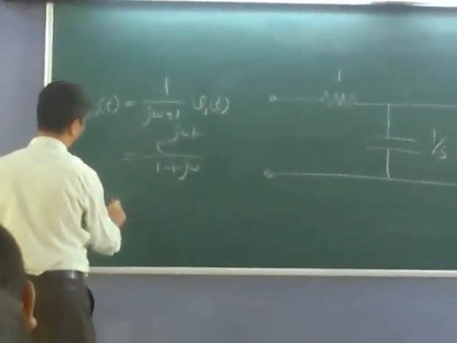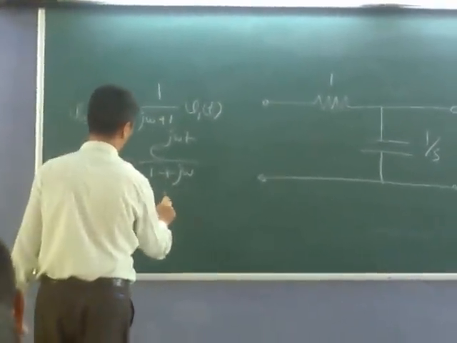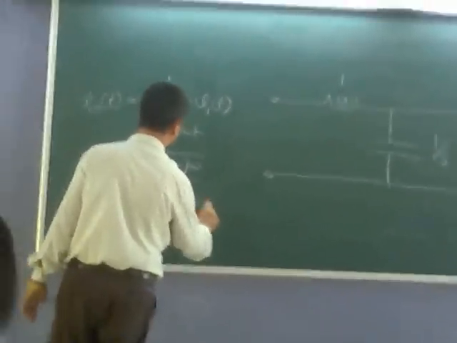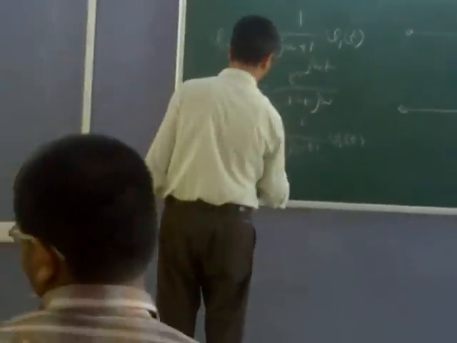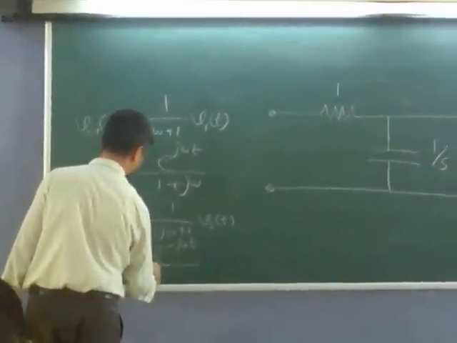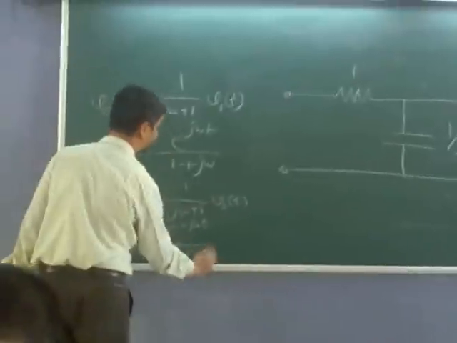Similarly, VO2t is equal to 1 upon minus j omega plus 1 into V2t, that is equal to e raised to minus j omega t upon 1 minus j omega.